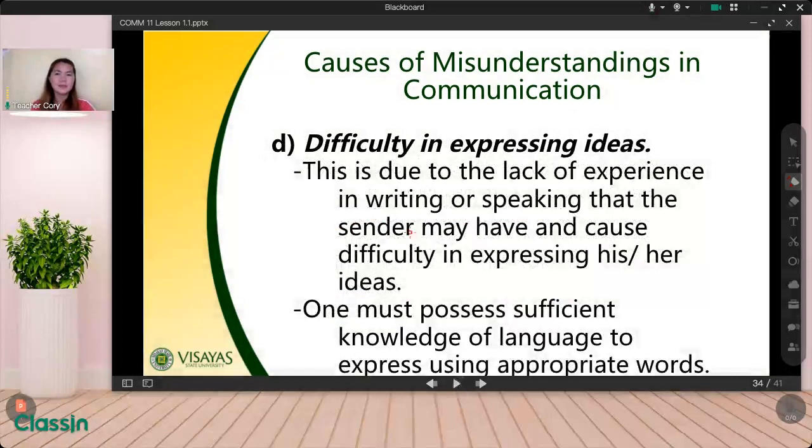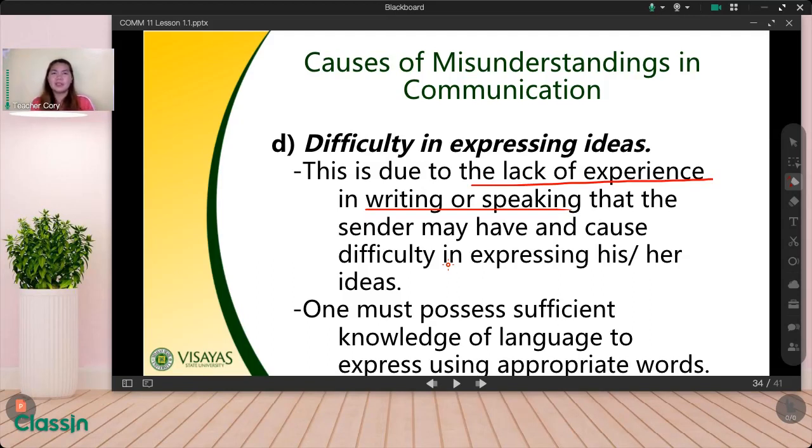Next, difficulty in expressing ideas. This is due to the lack of experience in writing or speaking that the sender may have, which causes difficulty in expressing his or her ideas. So lack of experience in writing and speaking. Especially with the use of English, right?